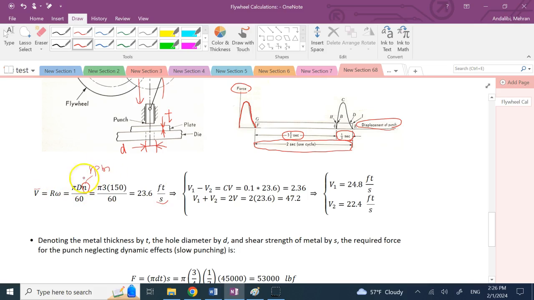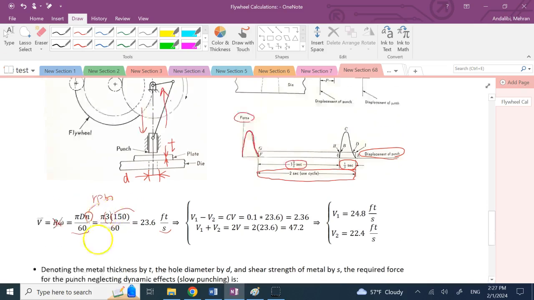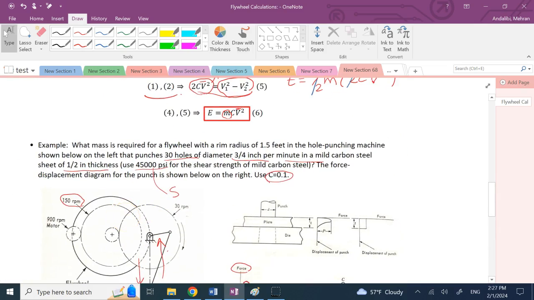And you know, RPM is related to radians per second. So I'm not going to use this formula. I'm going to use this formula, which is for diameter and for revolutions per minute. So 150, and the diameter of the rim is suggested to us to be a radius of 1.5 or diameter of 3 feet.